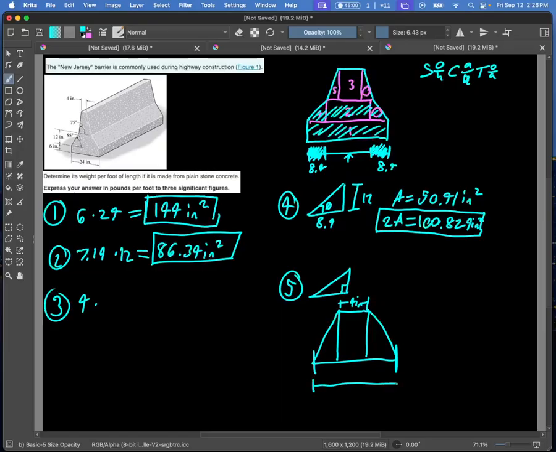We know that here is 7.19. So what we need to do is 7.19 minus 4. And what this gives us is we're now taking this out of the equation.